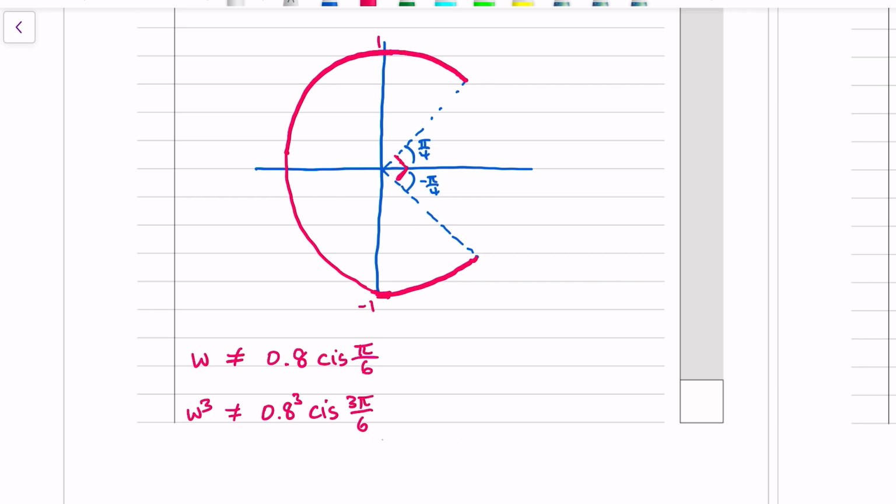And 8 cubed is 512, so 0.8 cubed is 0.512, and 3 pi over 6 is pi over 2, so cis pi over 2 gives 0.512i. So we need to exclude that, I'll put a very small hole there, and voila, Pac-Man.